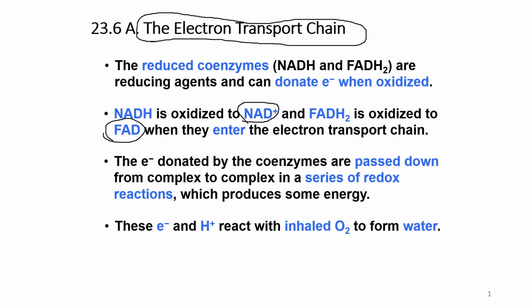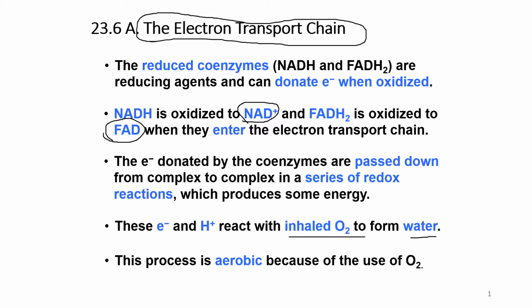Ultimately, at the end of the respiratory chain, the electrons and hydrogen ions react with O2 molecules to form water. So this process is aerobic because of the use of molecular oxygen in the transport chain.